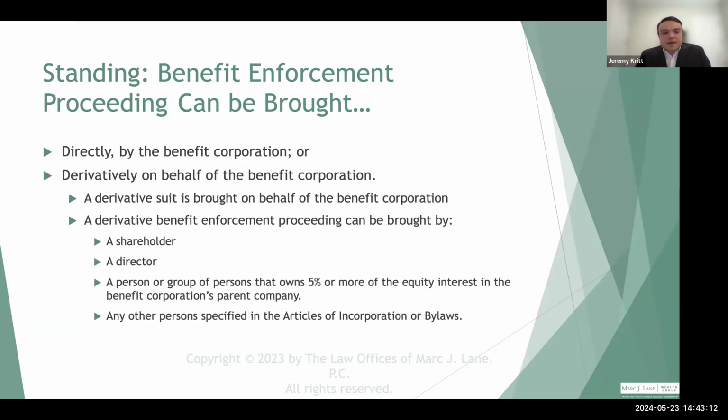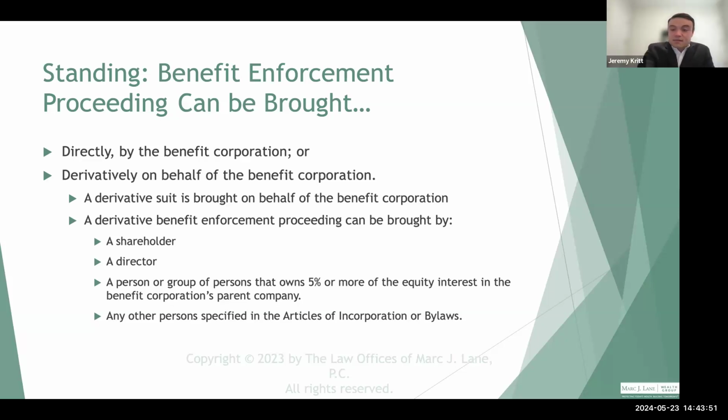So the Illinois Benefit Corporation Act really gives shareholders, particularly minority shareholders, a lot of power to enforce these unique corporate purposes and these unique transparency requirements. But at the same time, it does not expand the scope and create unlimited avenues for people to bring lawsuits and try to enforce the benefit corporation purposes or duties.